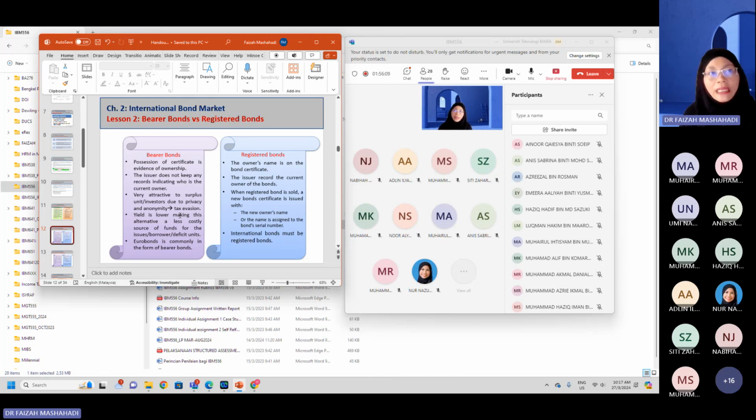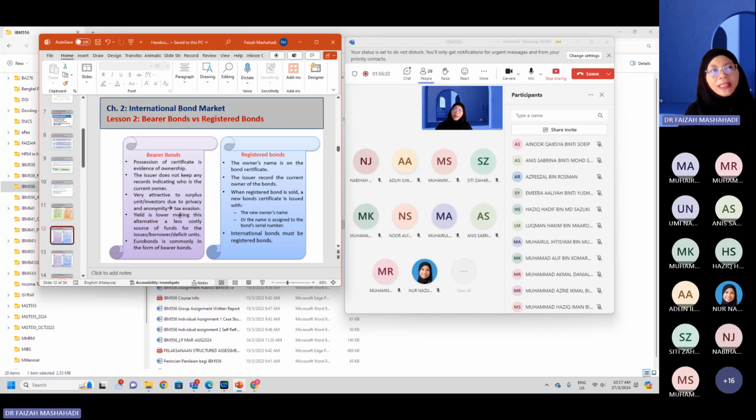Because when the coupon rate is low, meaning to say they will reduce the cost of borrowing. Say for instance, we have Eurobond paper by Proton and international bond paper by Proton. So the same company can issue Eurobond paper as well as international bond paper.